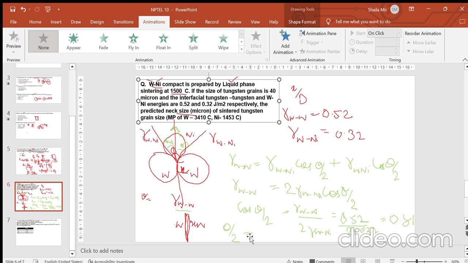We just have to calculate theta by 2 here first. Okay, so this is 35.6.